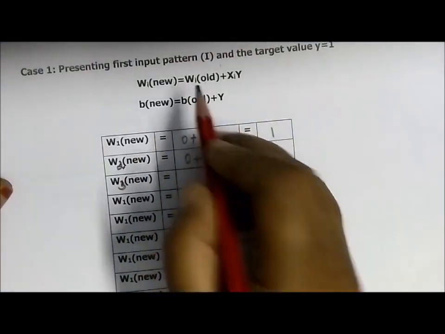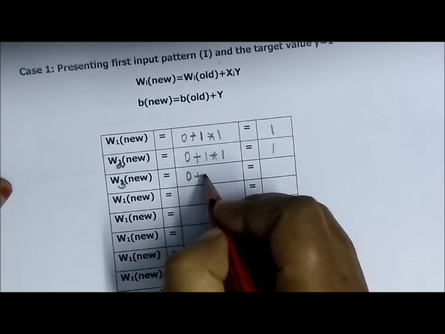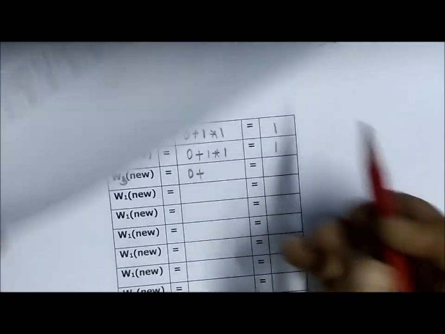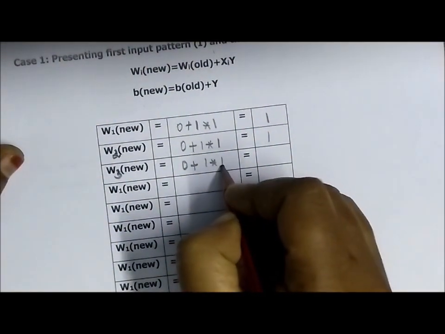Again w3 of old, all the weights are initialized as 0. So 0 plus the x3 value. What is x3? 1. So 1 into your y value 1, so we have it as 1.